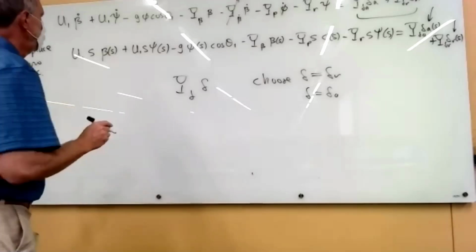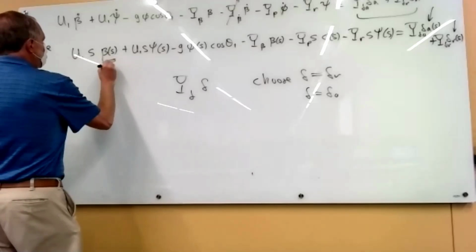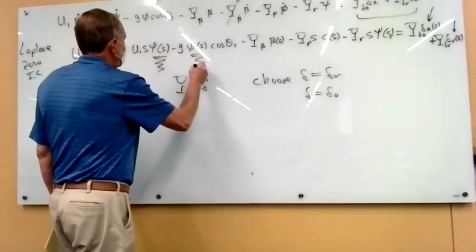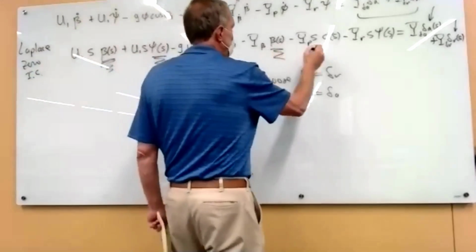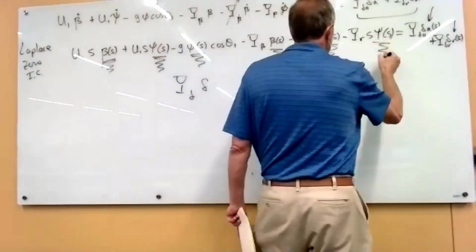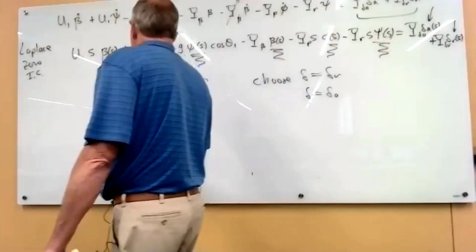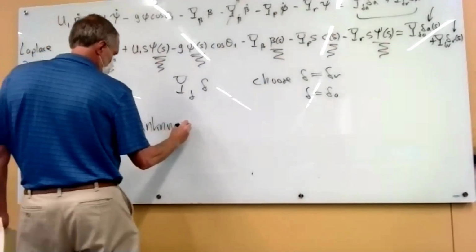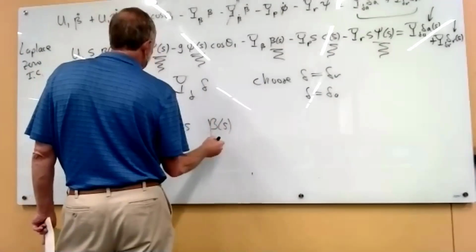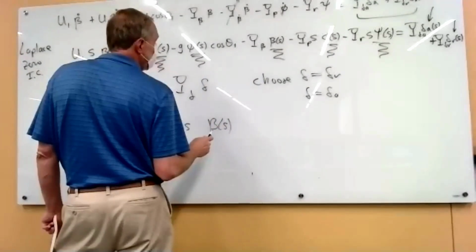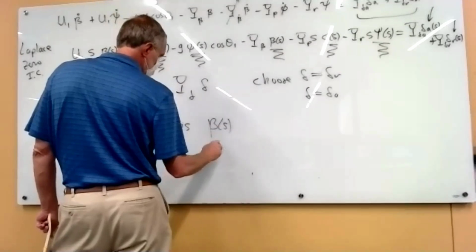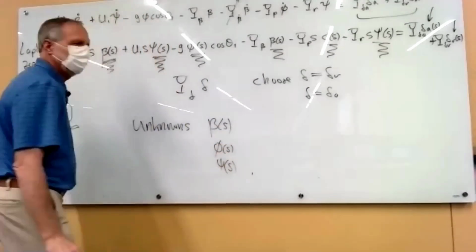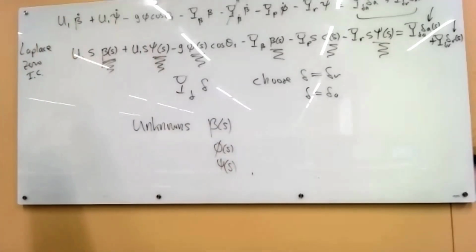And so put this into a matrix form. So here's the unknowns. There's 1, 2, 3, still the same. So our unknowns are, and again, it's Laplace, so it's algebraic. So we're going to have a matrix that we solve for these.